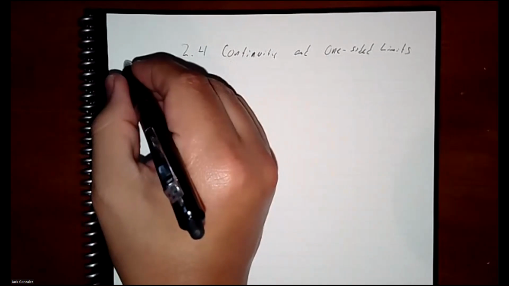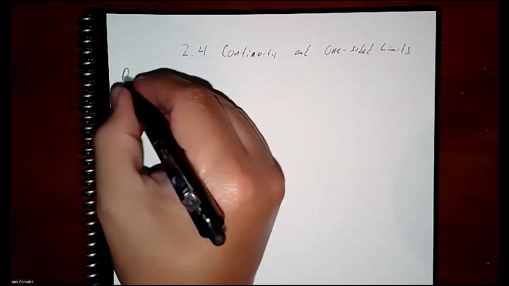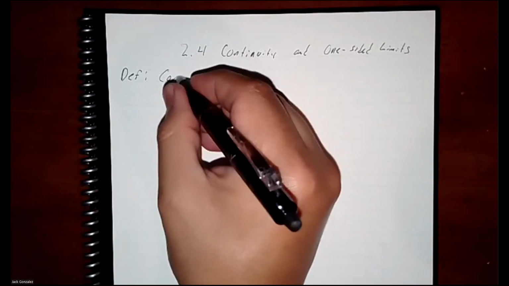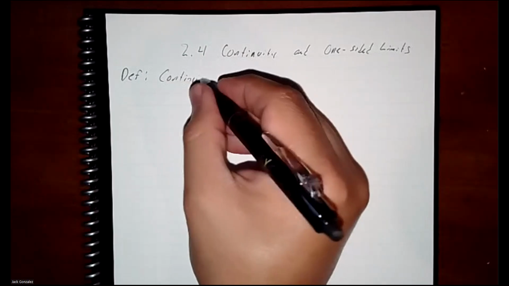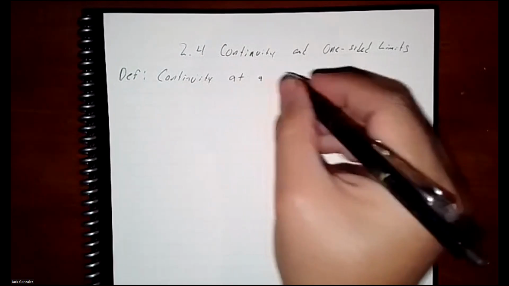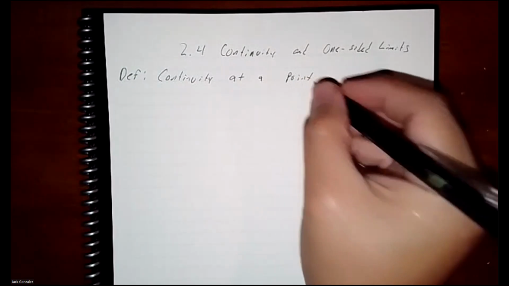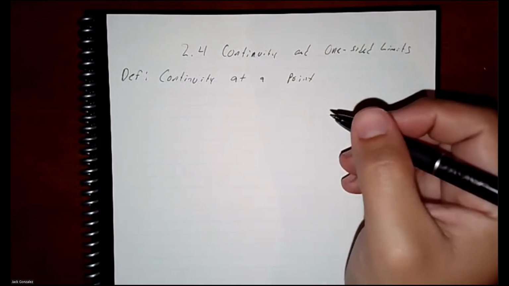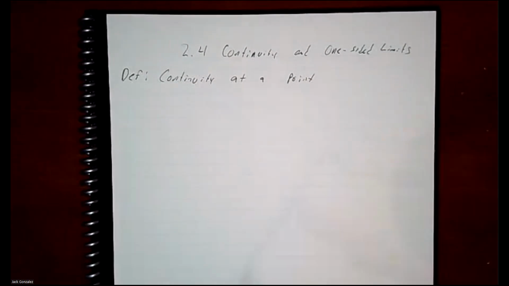What does it mean to be continuous at a specific point? The formal math definition, of course. All these three conditions must be met in order for a function to be continuous at a point C.